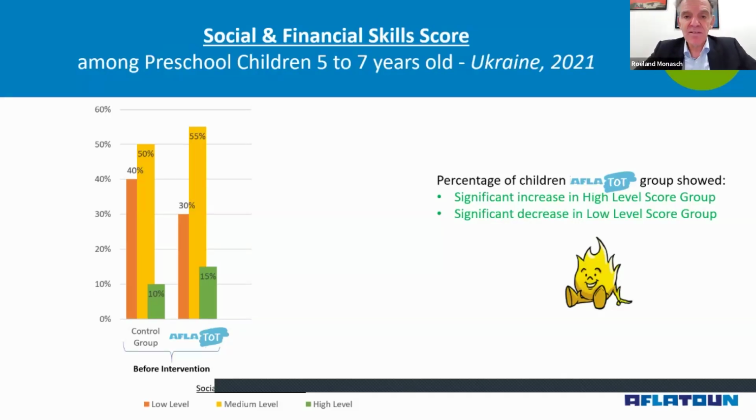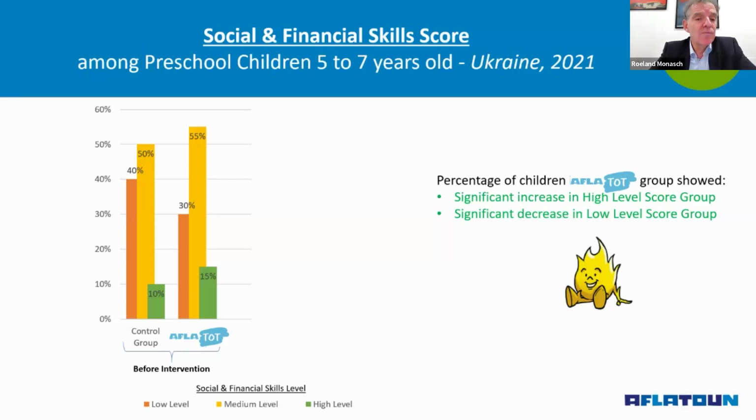There's also a very interesting study in Ukraine, a small experimental study where they compared children going through the AflaTot group with other children who were going to preschool but did not get AflaTot. Before the intervention, they assessed the children and scored them as having low, medium, and high social and financial skills.